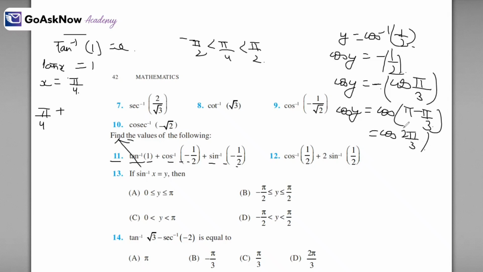So y is coming equal to 2 pi by 3. So this part is also solved. I am getting here pi by 4 plus 2 pi by 3. And this 2 pi by 3 is also in the principal range of cos inverse, because cos inverse has the range 0 to pi, and the answer is coming within this range.